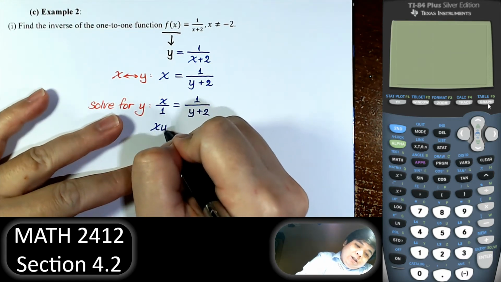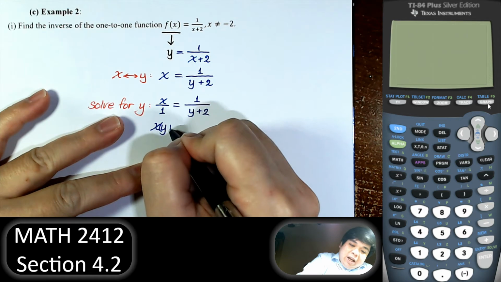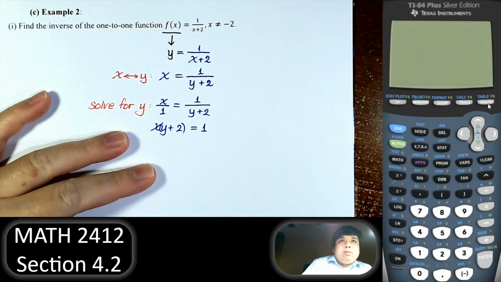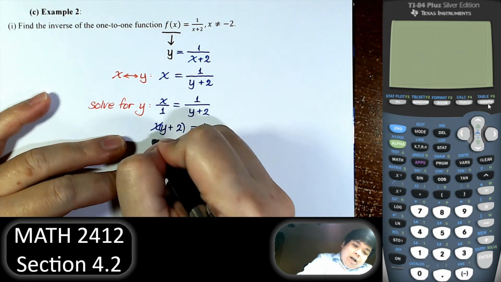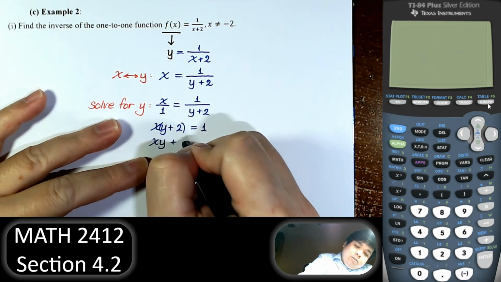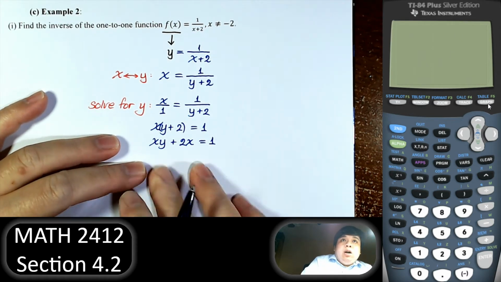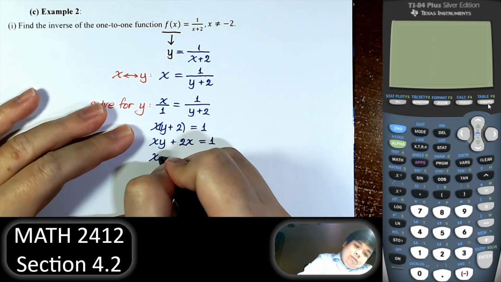x times y plus 2 equal to 1. And multiply it out, xy plus 2x equal to 1. Subtract 2x on the other side.